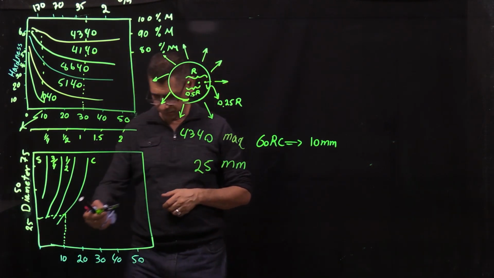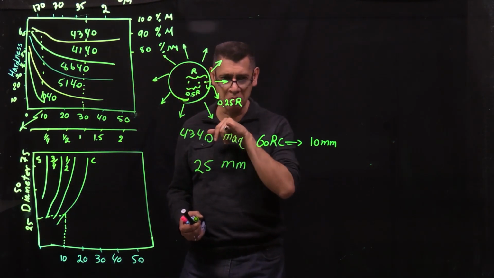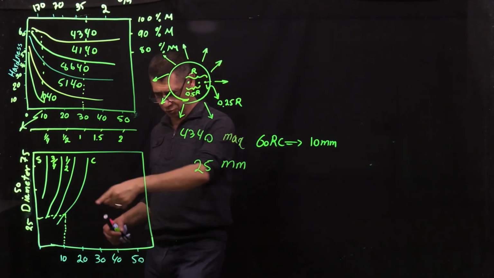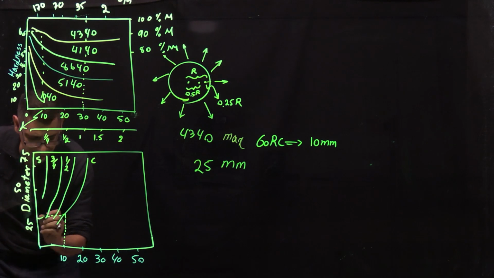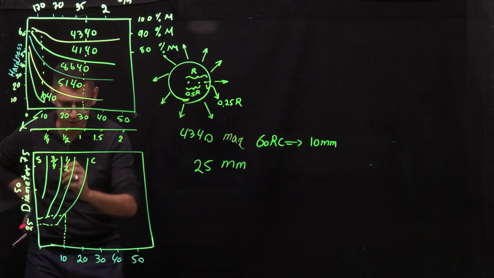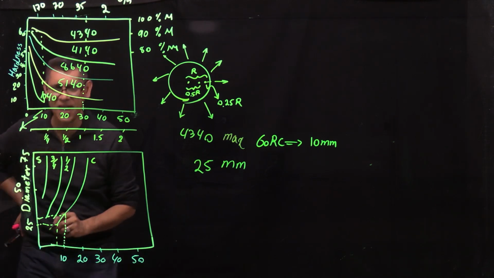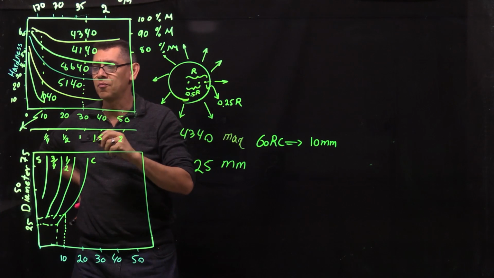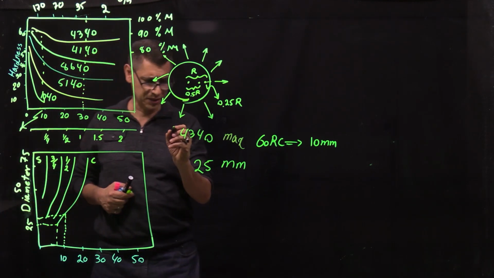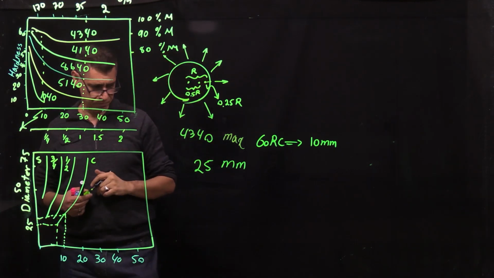So at the center, 25 millimeter, this gives me my minimum diameter. If I do 20 instead of 25, look at that now, like here, then my cooling rate is less than 10, maybe 8, then it's gonna be here, and then it's gonna be more than 60. That's exactly how we use this.